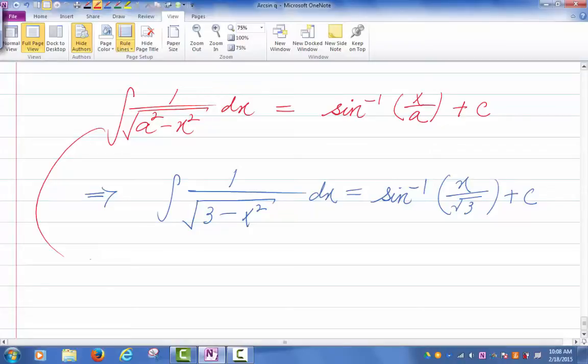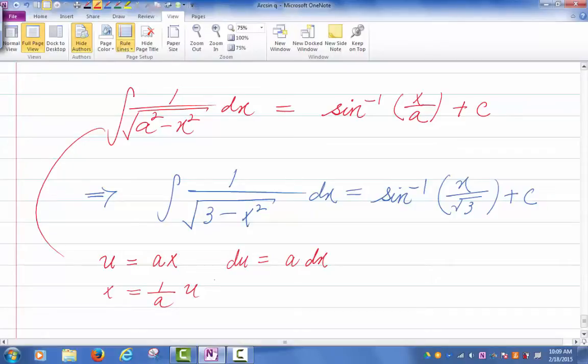So you do the substitution, u equals ax, and that would tell you that du is a dx, and also that x is 1 over a u.